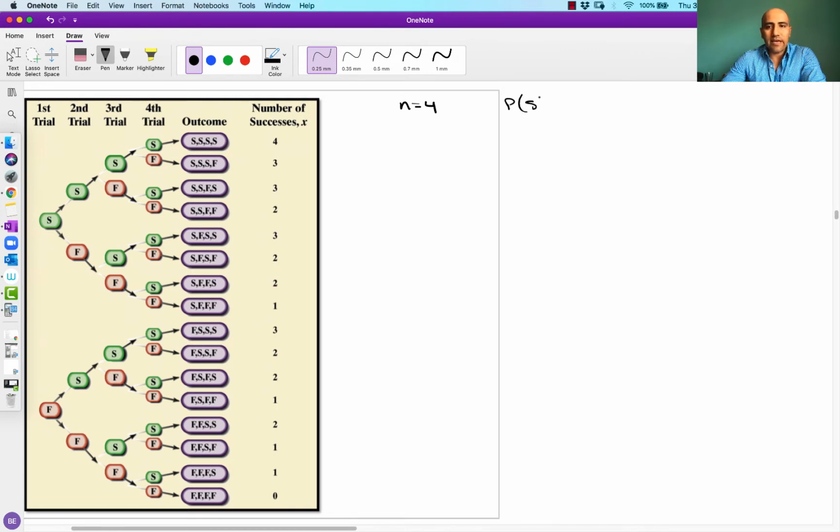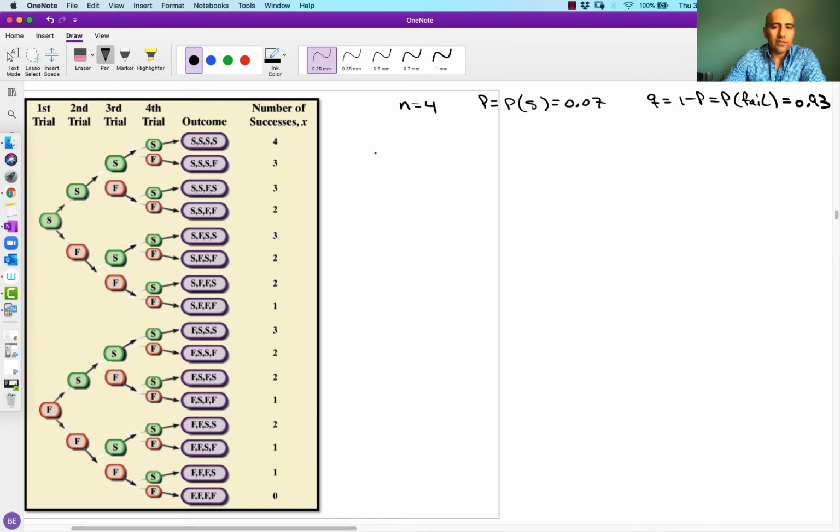The probability of success is 0.07, also known as p, and q, which is equal to 1 minus p, the probability of failure, the complement, is equal to 0.93.